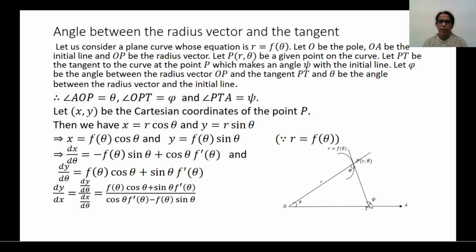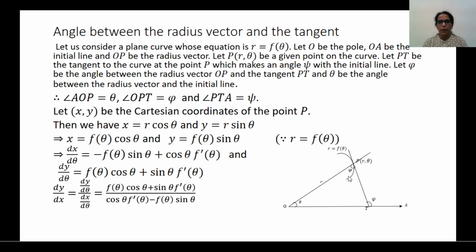Let PT be the tangent to the curve at the point P, which makes an angle psi with the initial line.